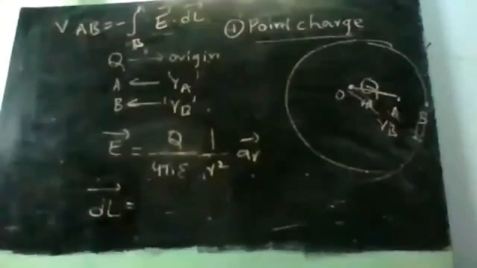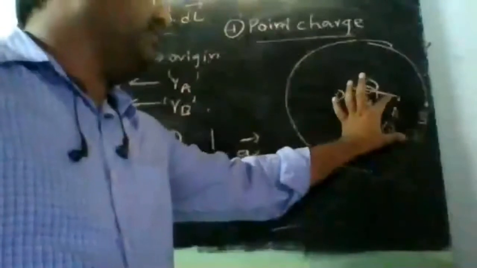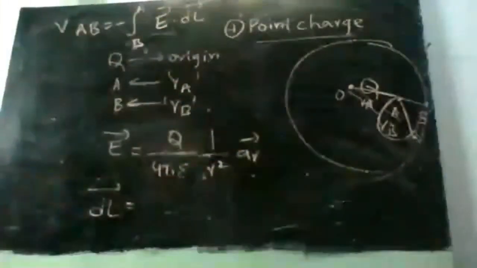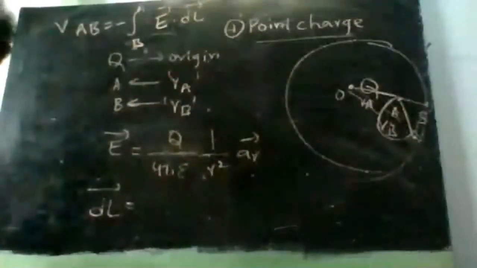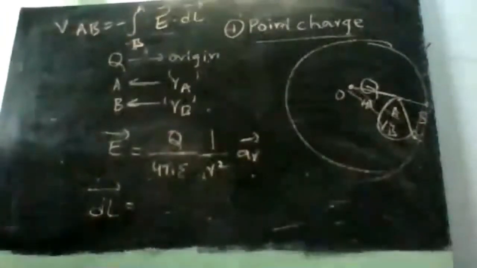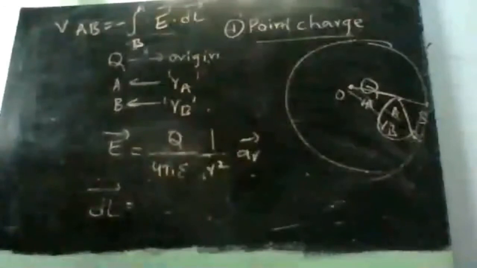And there is a change, where the point is moved from this location to this location, always a linear change. That's why I'm writing DL bar, the change in length.